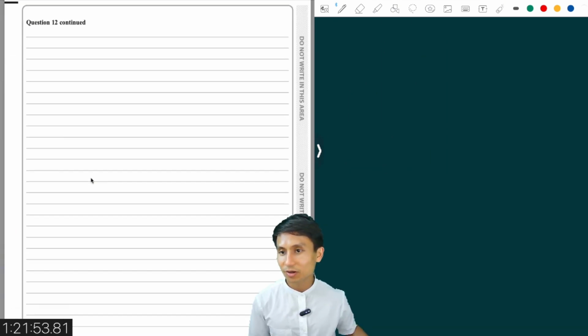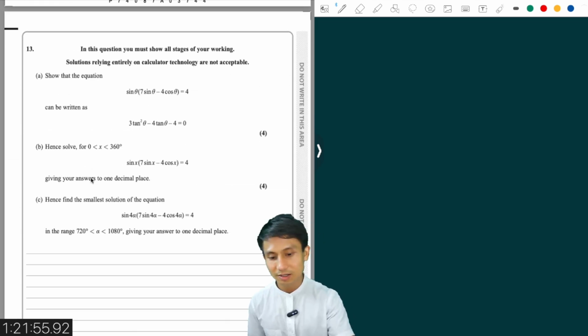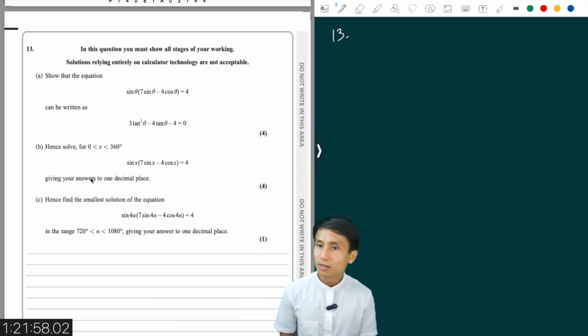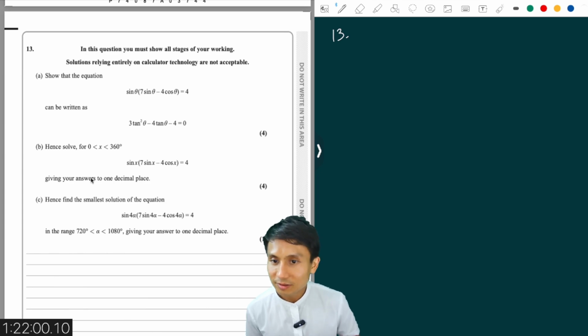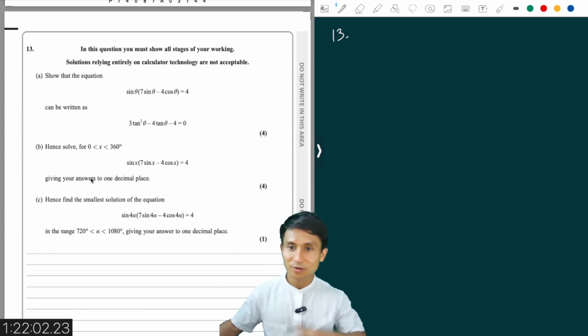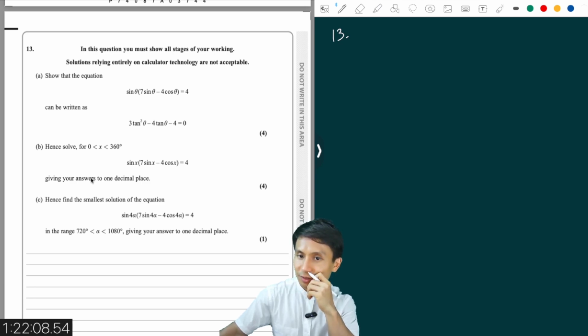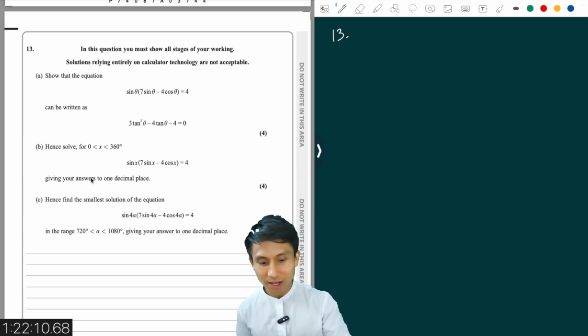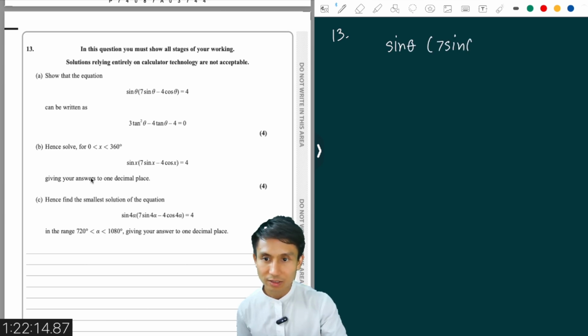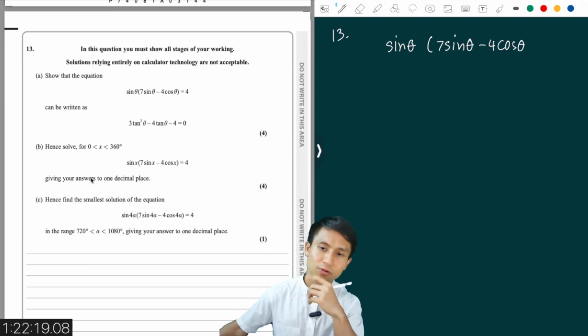And then number 13. Show that the equation can be written as that. Well, seems like we can multiply across, no? Let me think a bit. Or maybe we can divide the whole thing by cos theta, right? So I just copy here. No, we shouldn't do that.